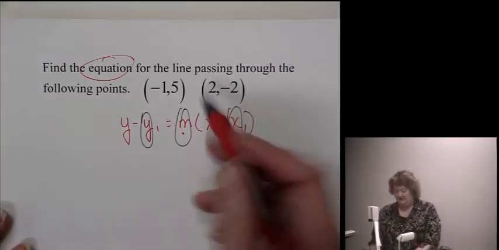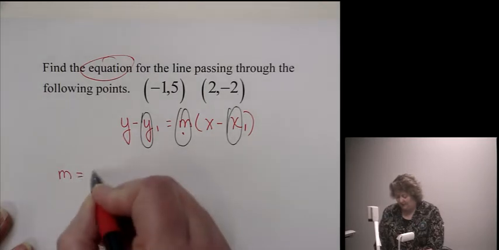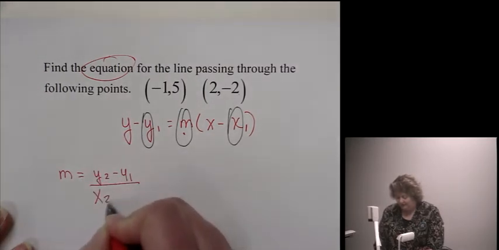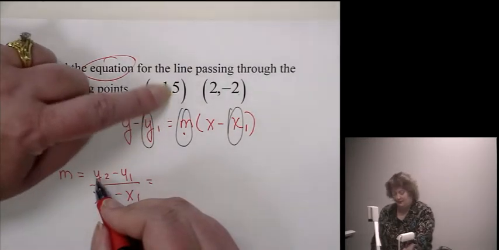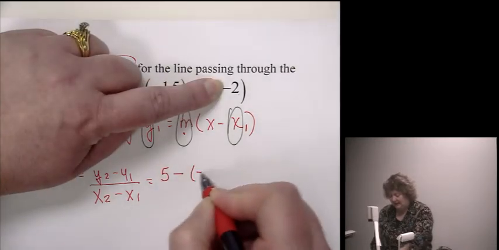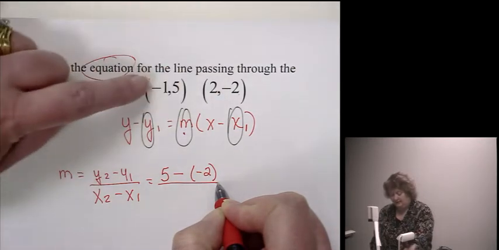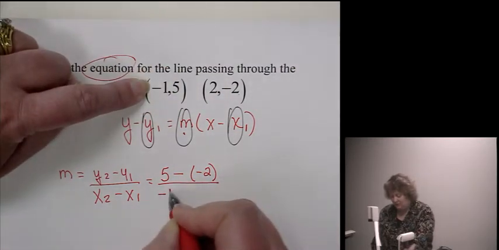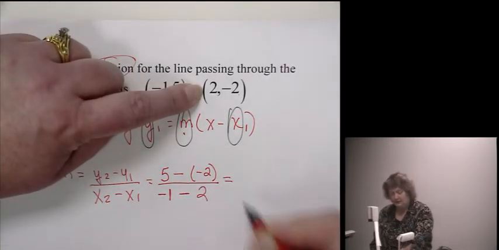This one did not. Therefore, our first step is to go back to the slope equals y2 minus y1 over x2 minus x1. So I'm just simply going to find a y value, which is my 5, subtract my negative 2. Since I started with this y, I'll start with this x, negative 1 minus 2.